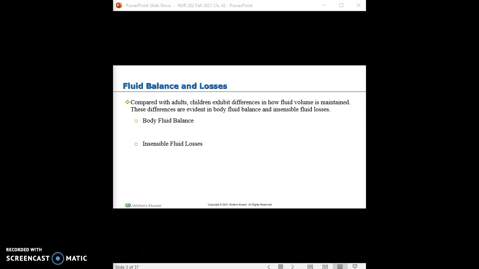In body fluid loss, stuff that can be measured, infants and young children require a larger relative fluid intake than adults. And again, this is in percentages. And infants and young children are going to excrete a greater amount of fluid than an adult, again, in percentages.